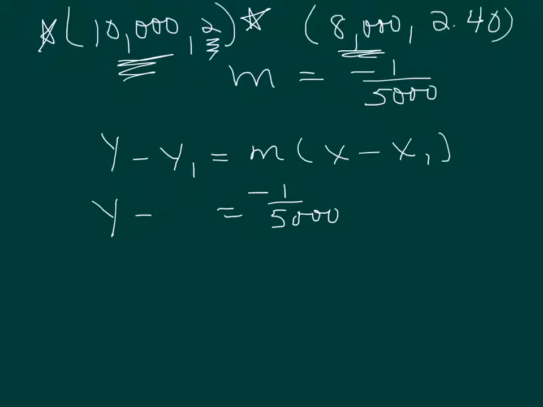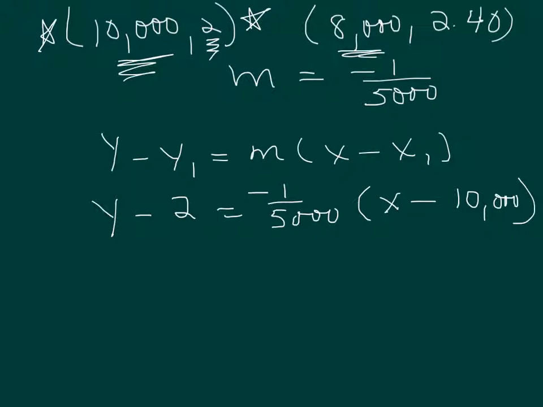So very carefully, my y1 is 2 equals negative 1 over 5,000, and then x minus x1, and my x1 is 10,000. Alright, so this is a good form to start off with, but I want to get it into slope-intercept form so that I can get a revenue function, because that's my goal.